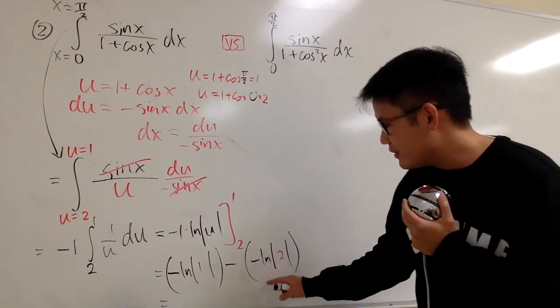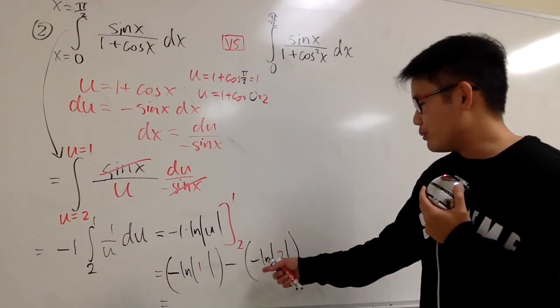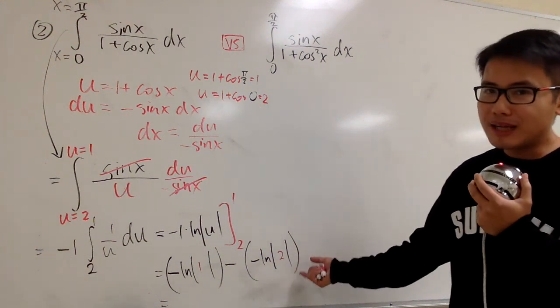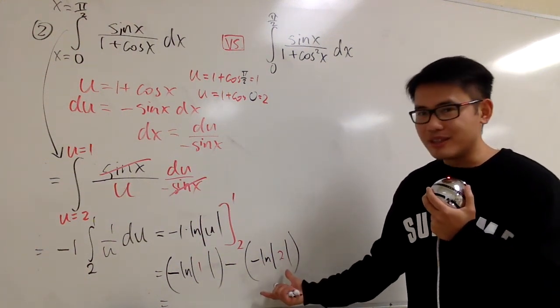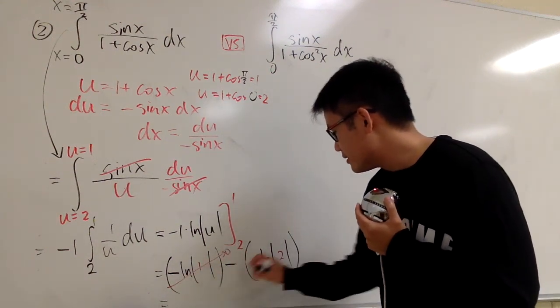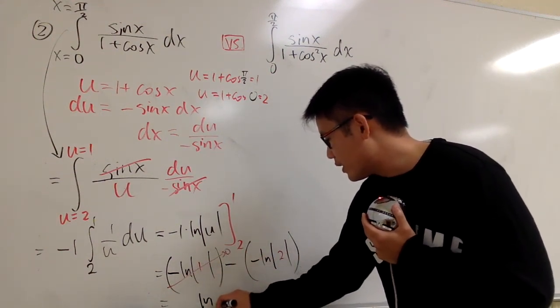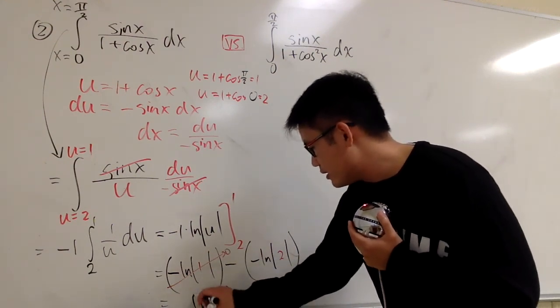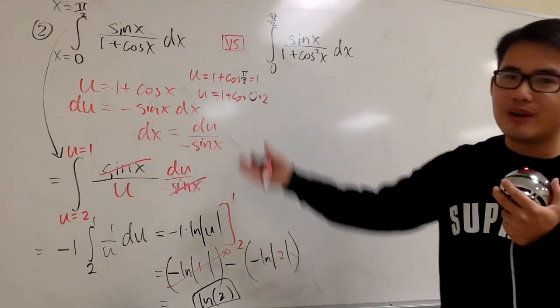Negative times negative is positive. So we pretty much have positive ln of absolute value of 2. But 2 is positive anyways, so the answer is just ln 2. You don't need the absolute value because 2 is positive already. So the answer to this is ln 2.